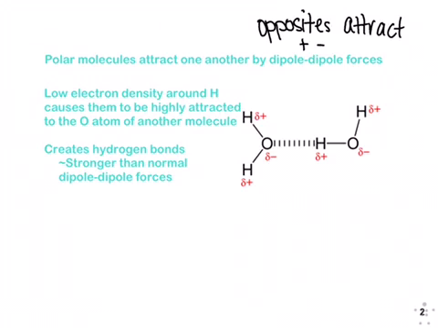Low electron density around the hydrogens cause them to be slightly positive, and that attracts them to the negatives of another oxygen from a different molecule. So this dashed line right here represents that dipole-dipole attraction. It is not a bond, and that's why it's dashed. A bond is represented by that solid line.